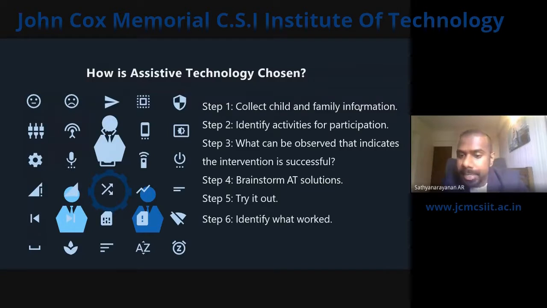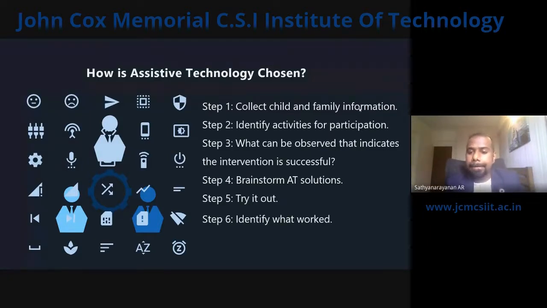Then we brainstorm AT solutions with a team, as I mentioned earlier, including all sorts of people: psychological, physiological, engineering, and various architectural aspects as well. These are the teams that will be part of it.